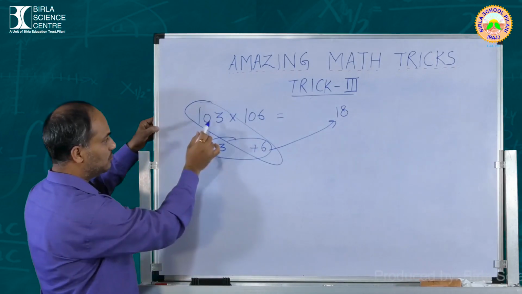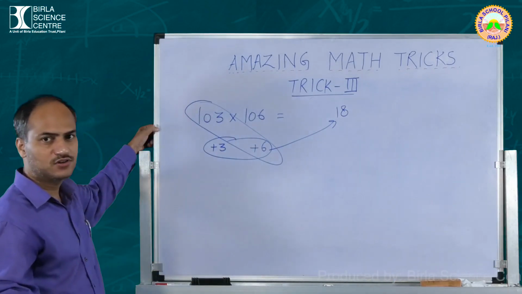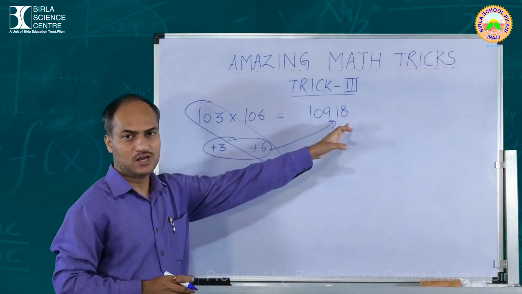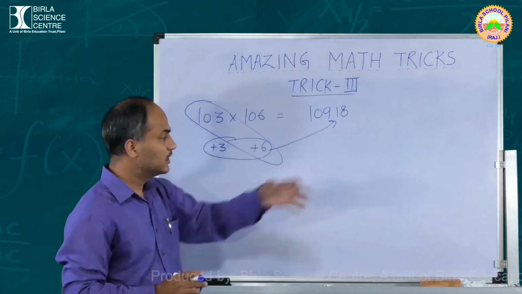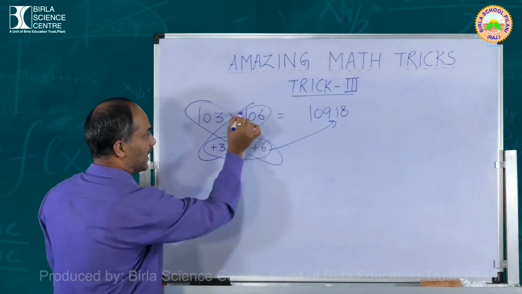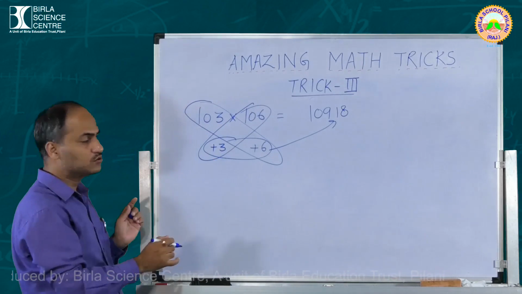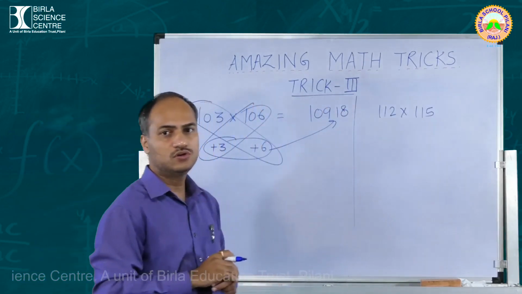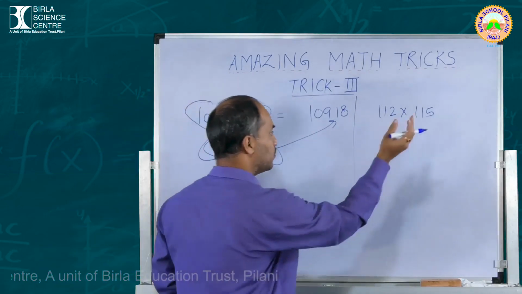What do we get? 103 plus 6, that is 109. When we combine these two, we can directly come to the answer. Similarly, if we add these two digits, then also we will get the answer 109.